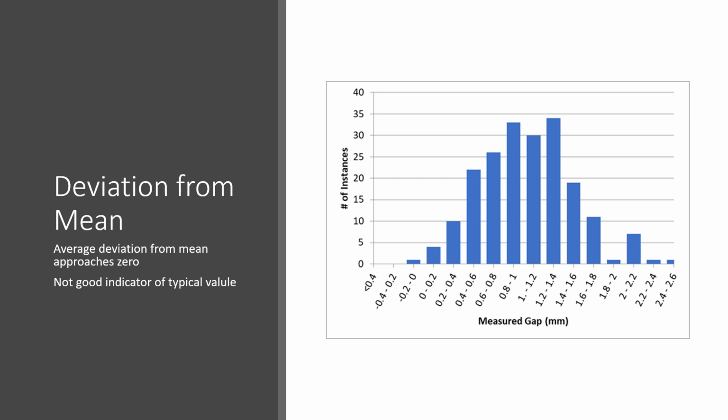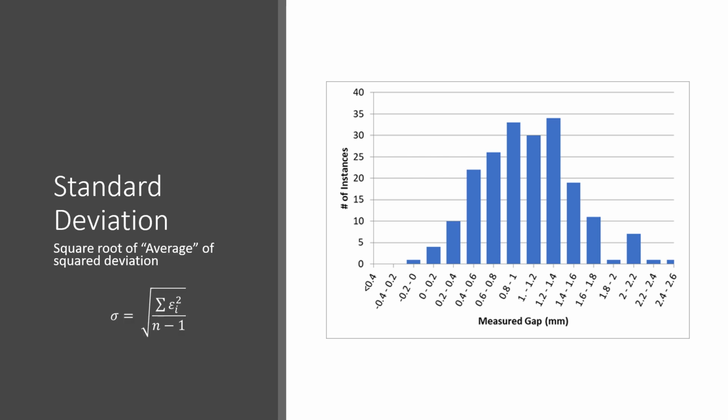So it's not a good indicator of a typical deviation value. What is typically done instead is we take an average of the square of those deviations.